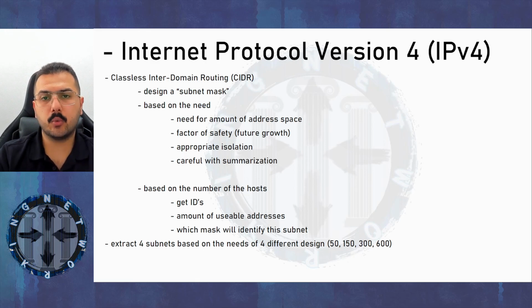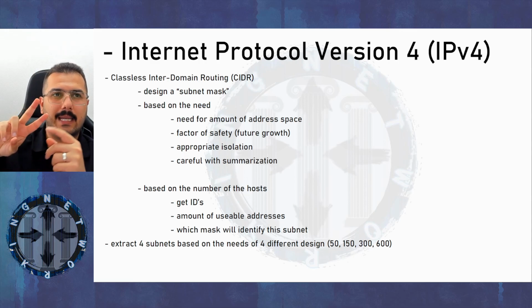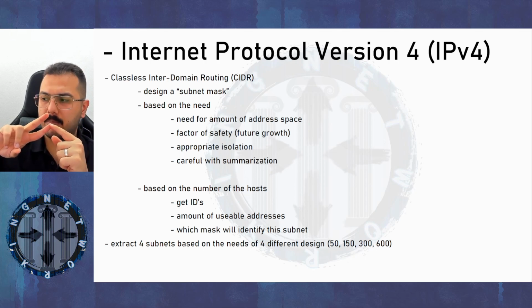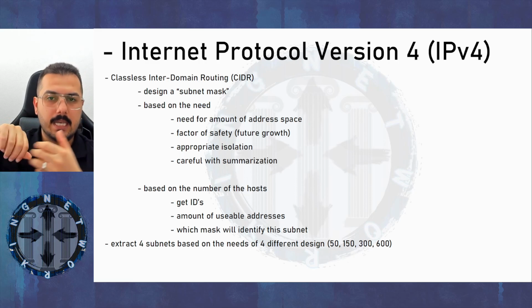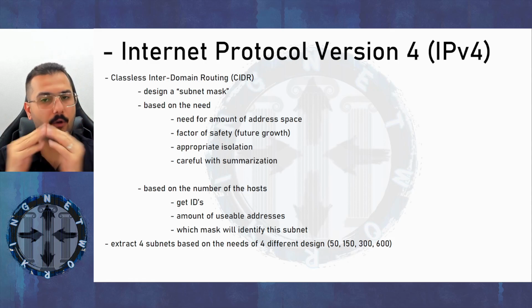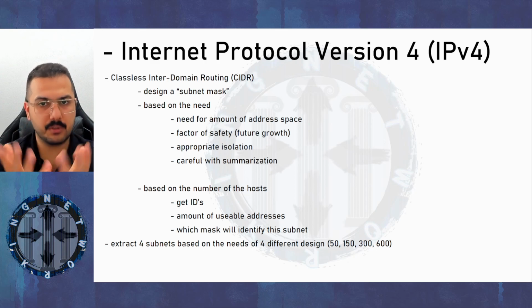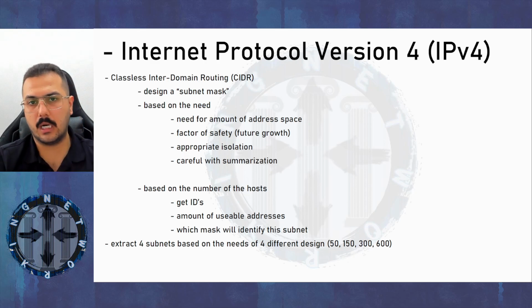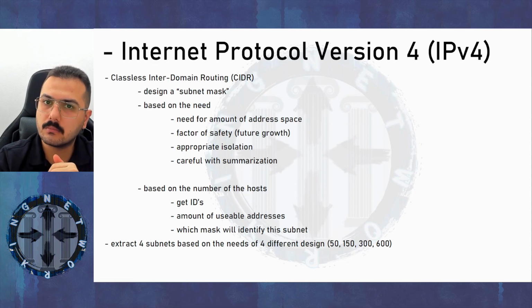In the VLSM, they used to provide an IP and a subnet mask, and they asked for the network ID, broadcast ID, and valid range of IP addresses. From that, you will understand the amount of useful IP addresses, the number of employees that this network can cover their computers with. This is what you and I did in the VLSM.